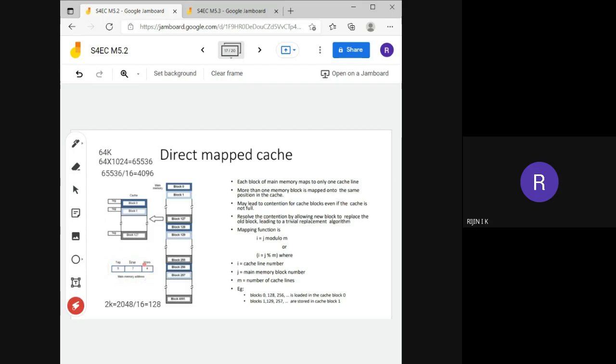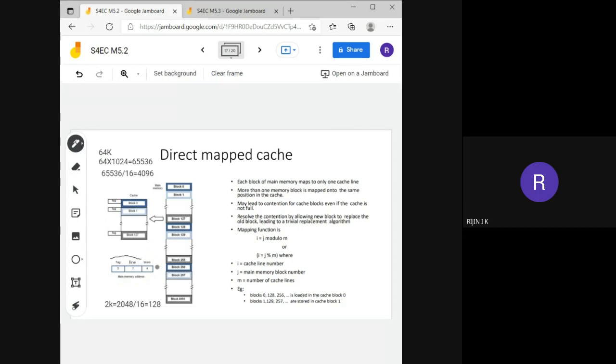The first 4 bits are required to identify a particular word within the block, and the remaining 12 bits we will call the block number of the main memory.